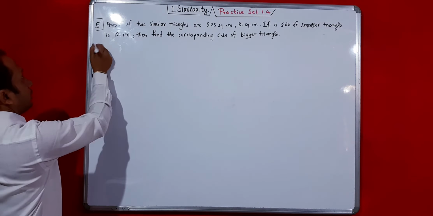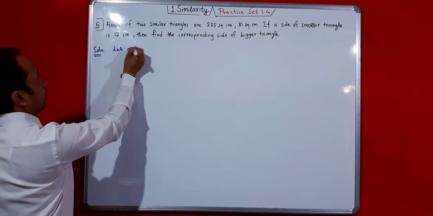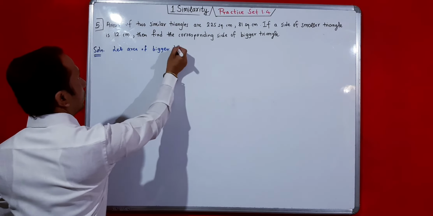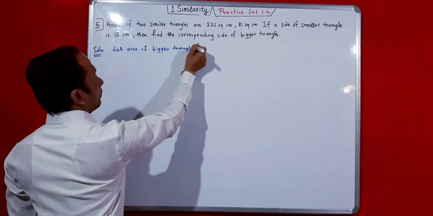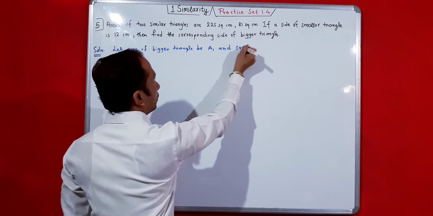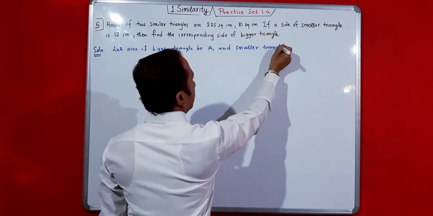So we'll consider here the solution. We'll write here, let the area of the bigger triangle be A1 and the smaller triangle be A2.